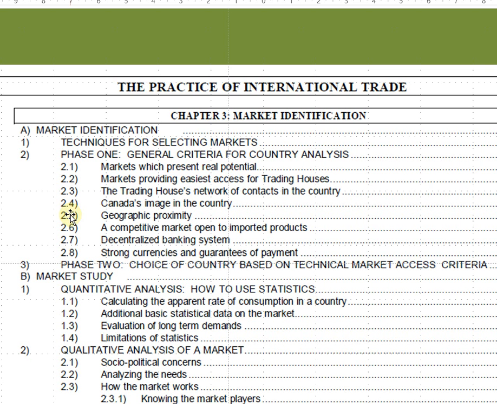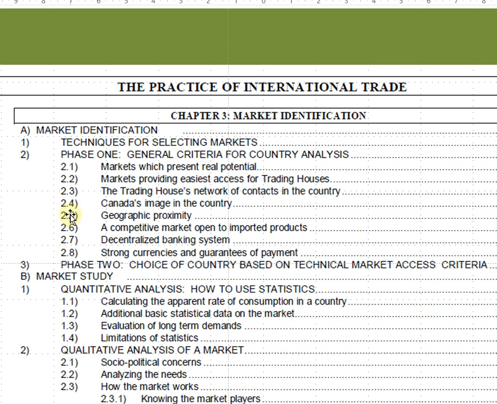The subsidiary subjects are many: markets which present real potential, and markets providing existing access for the trading houses. The trading houses are networks of contacts in the country.